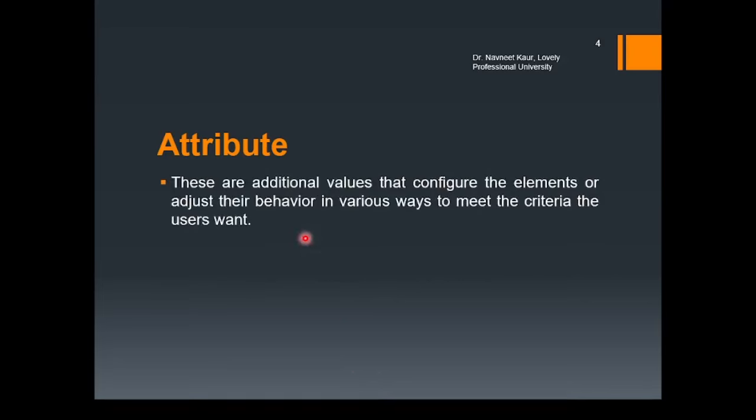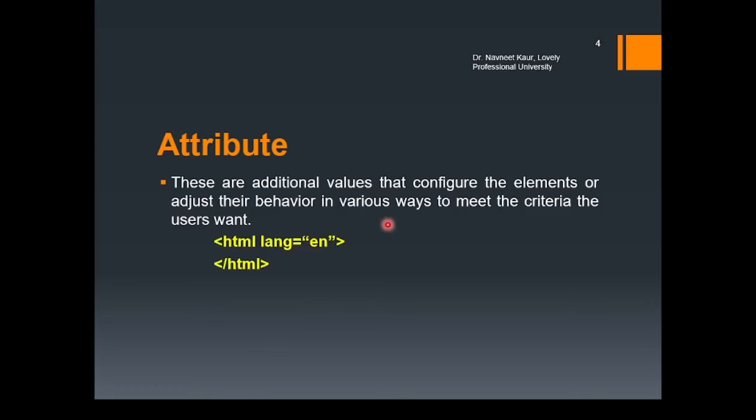What is an attribute? These are additional values that configure the elements or adjust their behavior in various ways to meet the criteria that the users want. So that is just additional or extra information that is required by the web browsers.